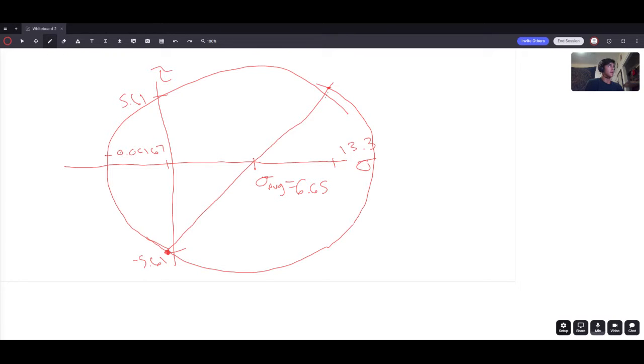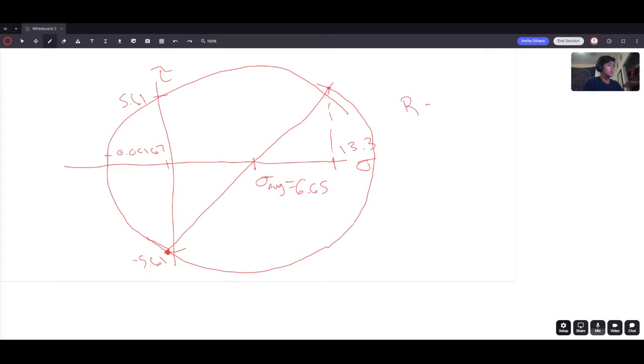So there's that. Now we can solve for the radius using the Pythagorean theorem. It's just going to be your sigma average and your tau xy.